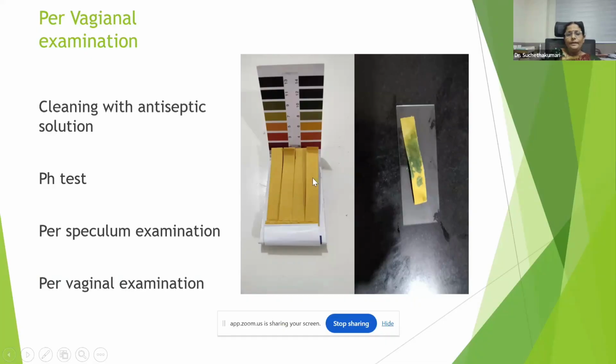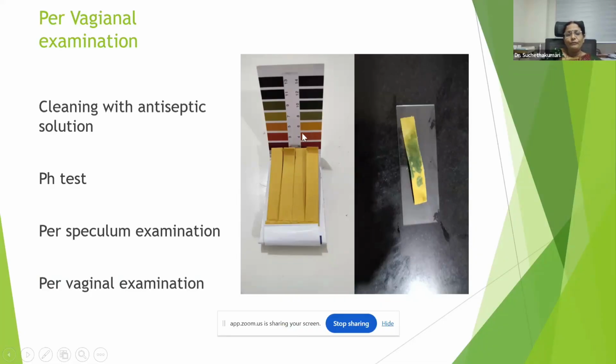We have to introduce this strip into the vagina and wait for 1 minute, and there will be a change in the color of the strip. After that, this strip has to be compared with the standard chart which is given here.